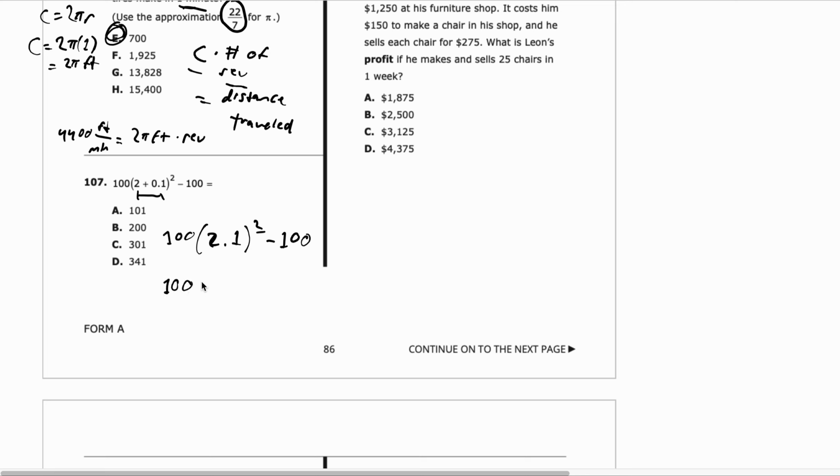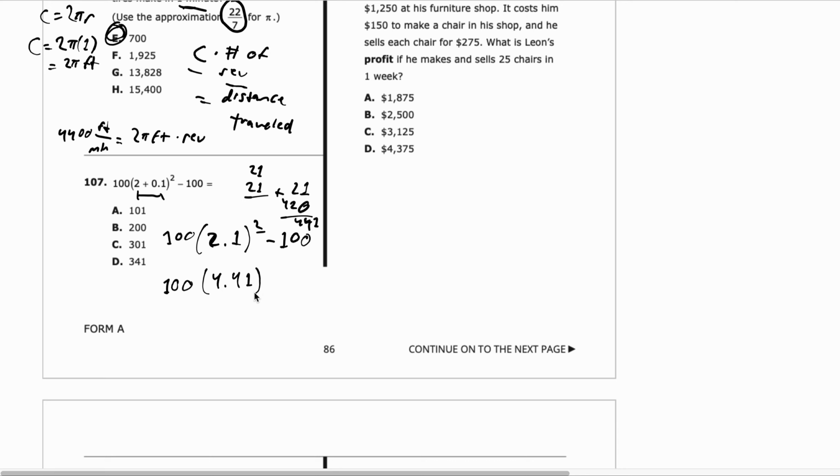So it would be 100 times 2.1 squared. I think you can check that multiplication, but let's see, actually I have to do it. 21 squared would be 441.